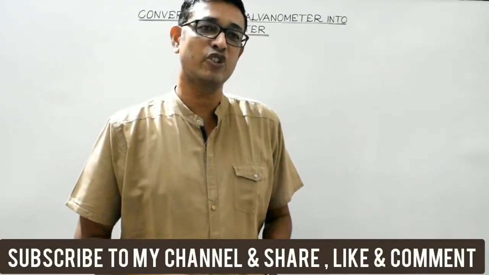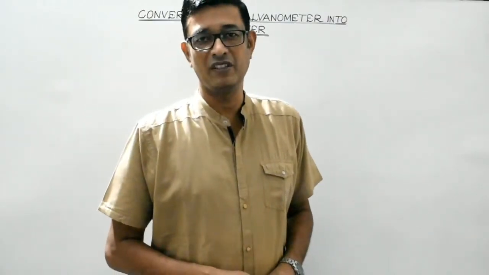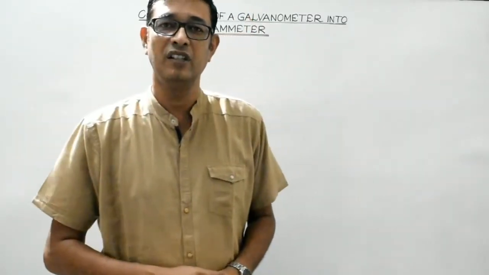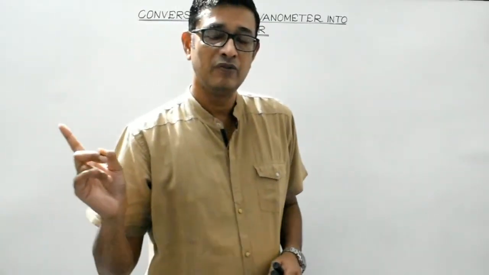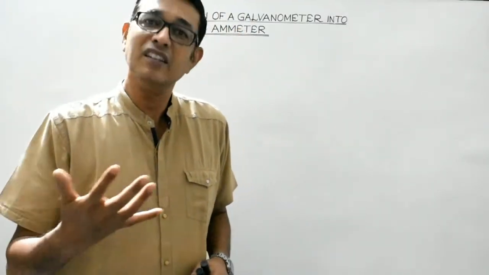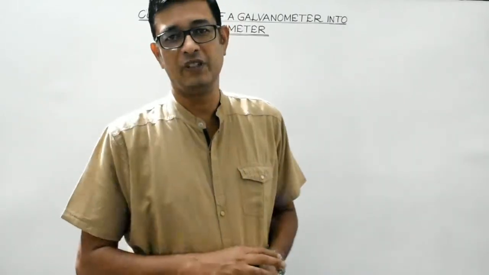In the previous lecture, we discussed in detail the moving coil galvanometer. This topic is an extension of it. There, I told you that with suitable modifications, a galvanometer can be easily converted into an ammeter and a voltmeter.